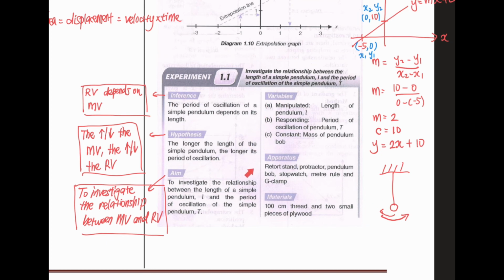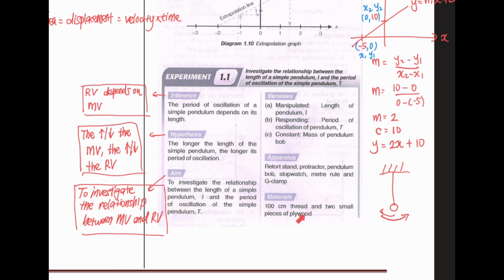Apparatus: retort stand, protractor, pendulum bob, stopwatch, meter rule, and G-clamp. Material: 100 cm thread and 2 small pieces of plywood.